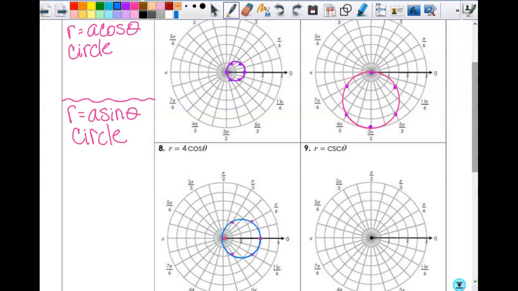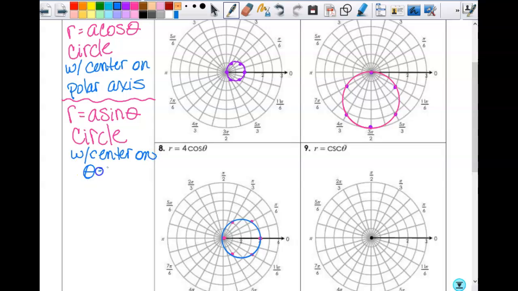So the cosine graphs have the center on the polar axis, and then the sine graphs have the center on theta equals pi halves. Not theta equals pi halves, just pi halves. Sorry.